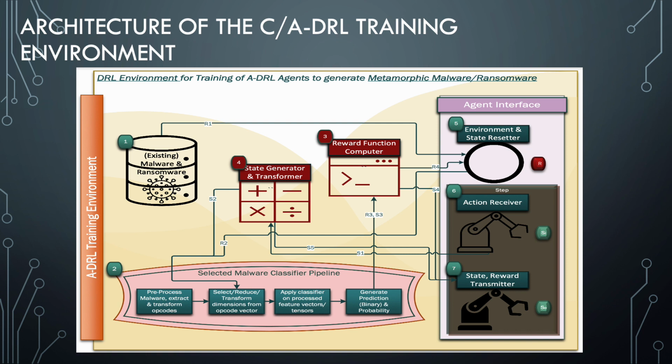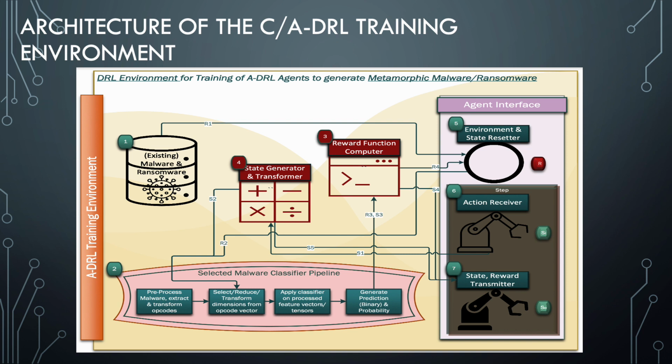These rewards are computed on the basis of how effectively the agent is learning to create metamorphic variants of a particular malware. Then number four is the state generator and transformer. This would actually change the obfuscation structure or the opcode structure before they actually do a classification of the changed structure from the pipeline.